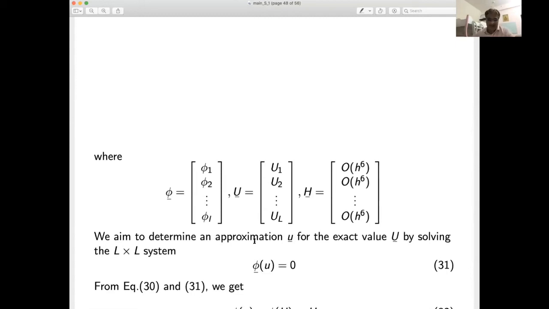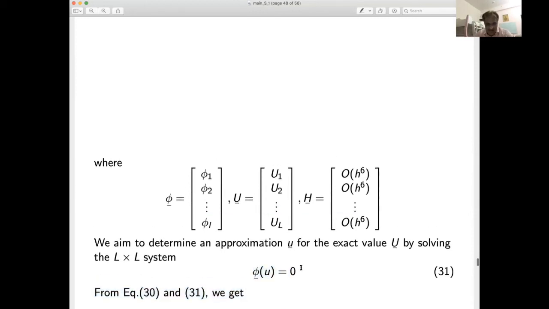We aim to determine the approximation lowercase u of the exact value uppercase U by solving this system. This equation 31 is the equation which we are going to apply in the algorithm, for which we are writing code. And the previous equation 30 is the exact solution, which is either known to us or in many nonlinear cases not known to us.